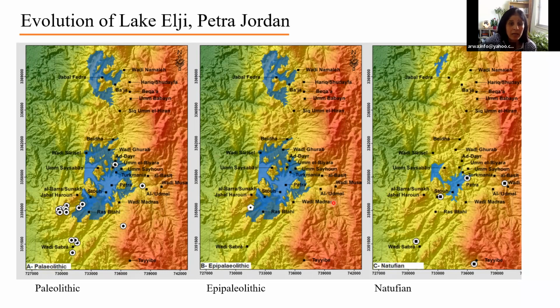This high level has dropped to 960 meters toward the end of the Pleistocene and before the Natufian period as a result of tectonic movement along the fault of the Dead Sea Rift, allowing the drainage to be in the south at Ras Ftahi and Wadi Ghurab.